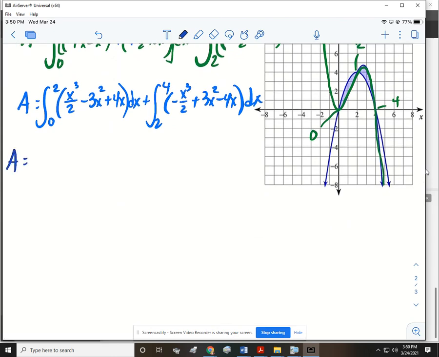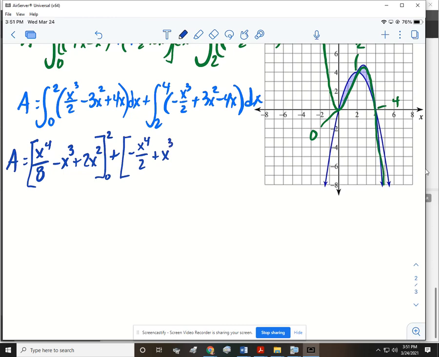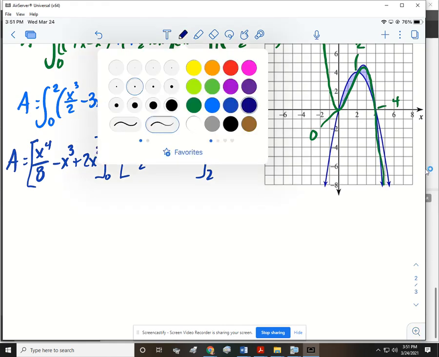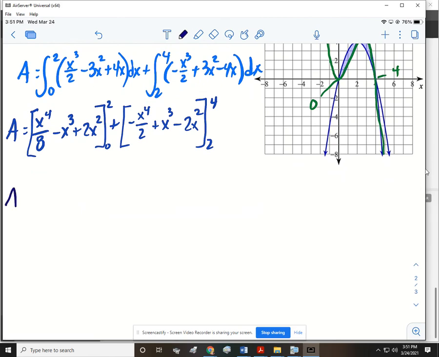So add 1 for my new exponent and then divide by whatever that is. Okay, and then I just have a whole lot of plugging in to do.